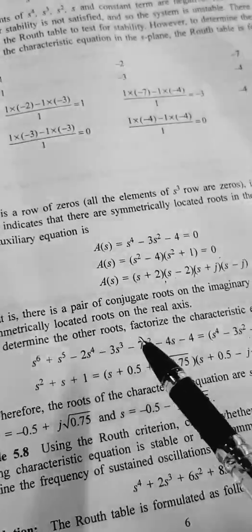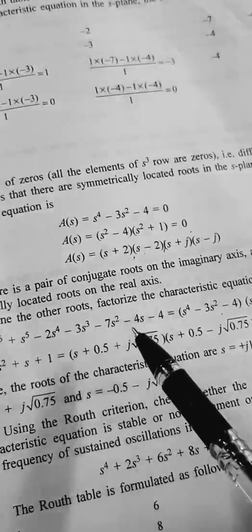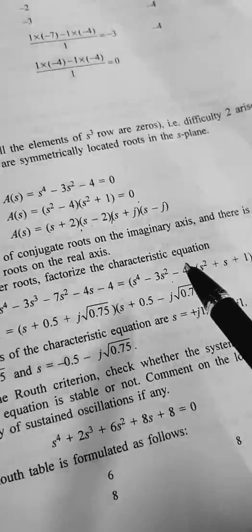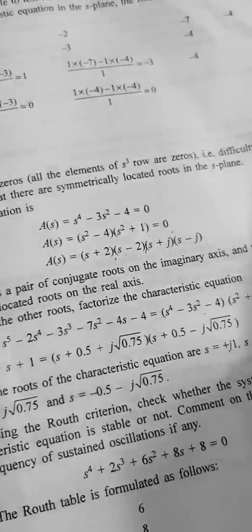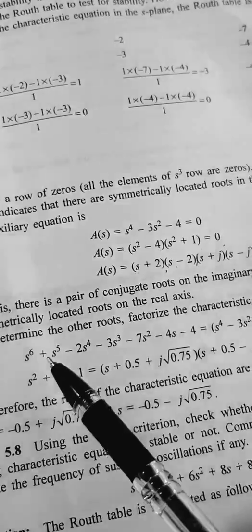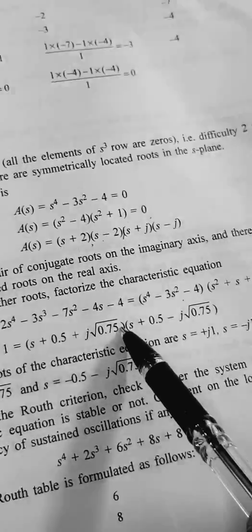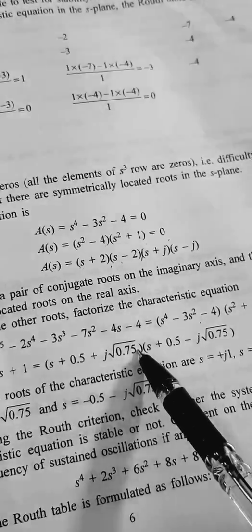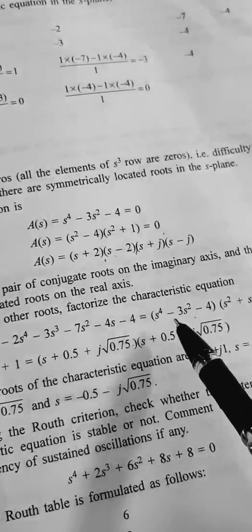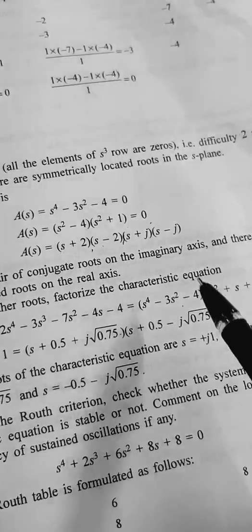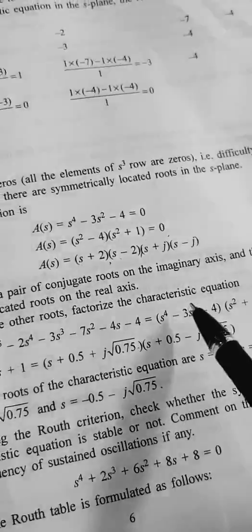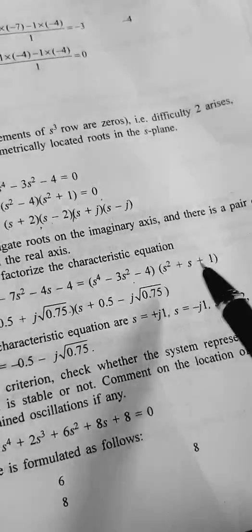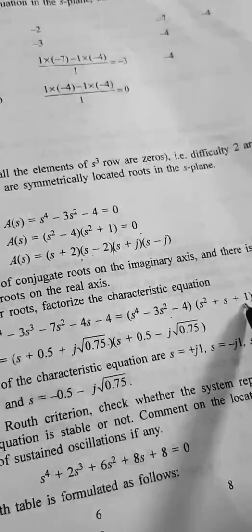To determine the other roots, factorize the characteristic equation. S raised to 4 minus 3 s square minus 4 is the auxiliary equation. What will be the remaining part? That is s square plus s plus 1.